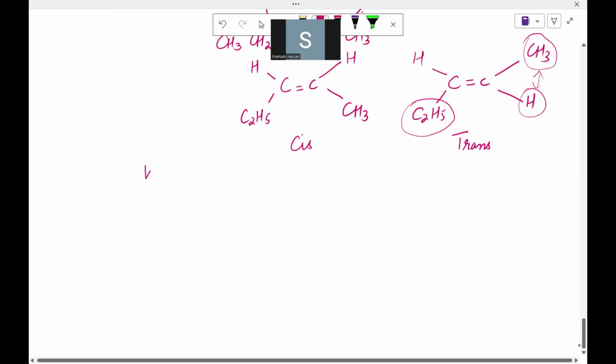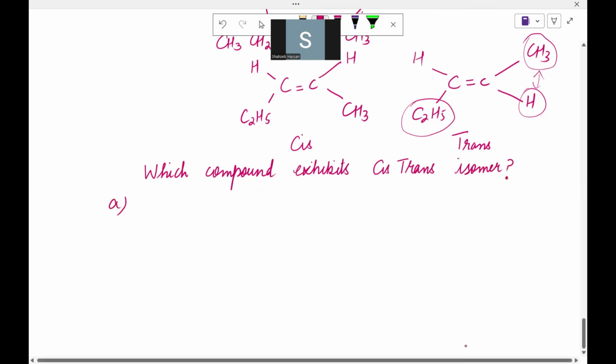This is a past paper question. Which compound exhibits cis-trans isomerism? A is CH3, CH, Cl, CH3.